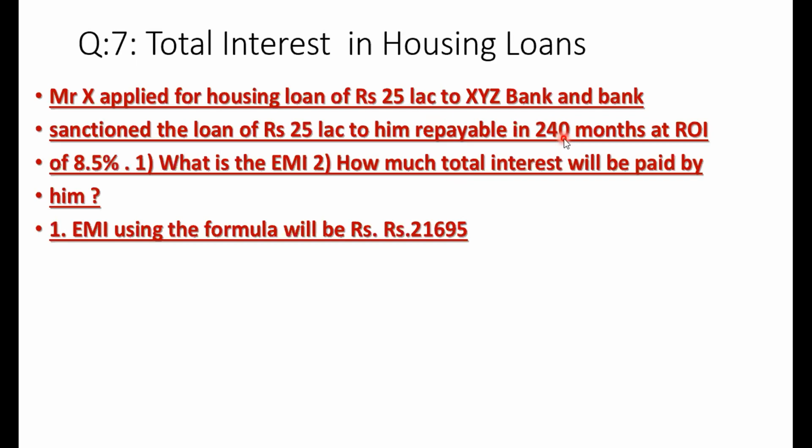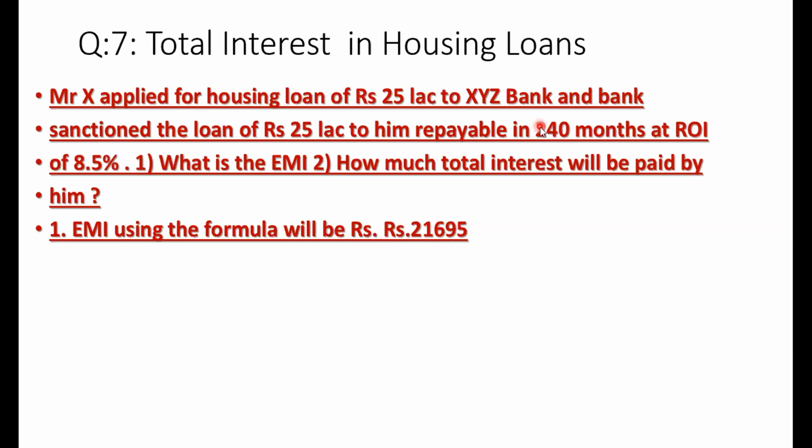So 20 into 12 gives you 240 times, and you will easily get the 240th month. So don't press 240 times; you have to find the factor. If you do like that, after reaching home you try, you will get 21,695 as the EMI.